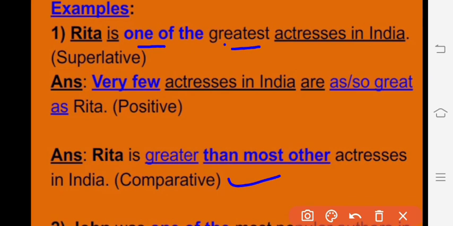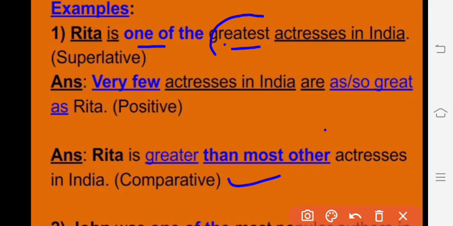So Rita is greater than, greatest converts into greater, because we are converting into comparative, and comparative has the er or more form, more with the adjective, great into greater. Most is applicable for superlative, and more or er is applicable for comparative. So when we convert into comparative, always apply the er or more form to the adjective.